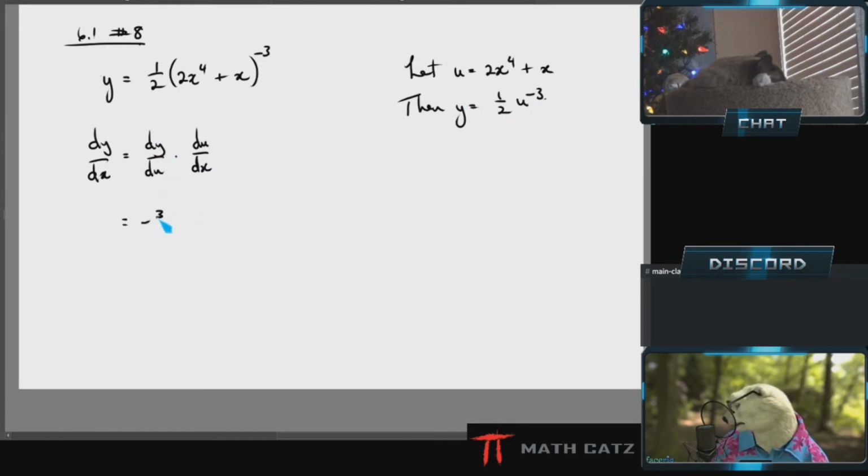You can say -3/2 if you want to, u to the -4. It's okay. Or separate them. I don't care. Times the derivative of the inside function, which is 8x cubed plus 1. Almost done. I just have to put back what u is. I don't change a thing. Put it in.